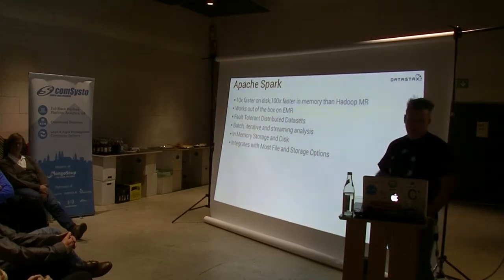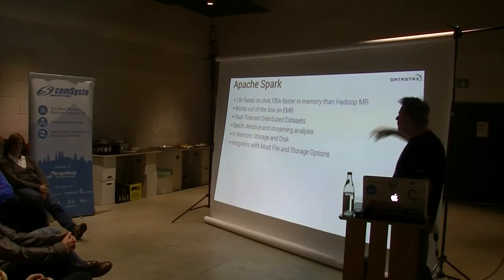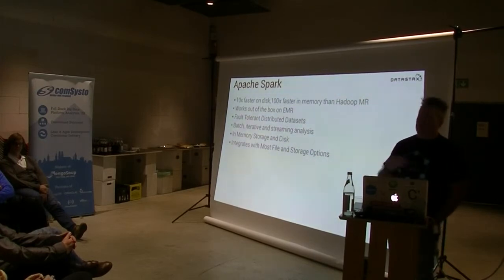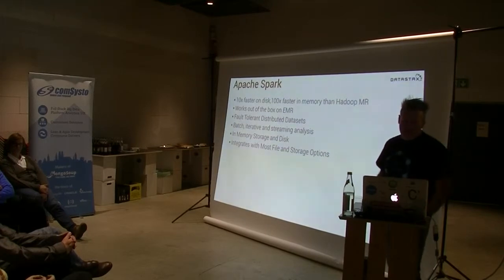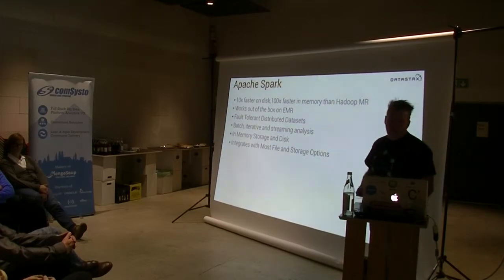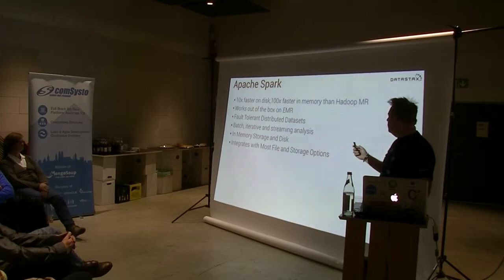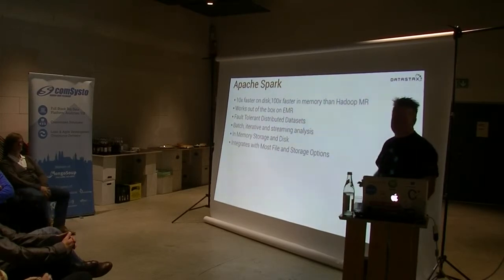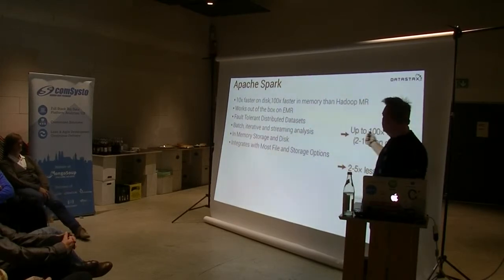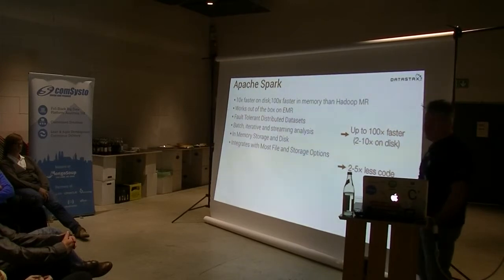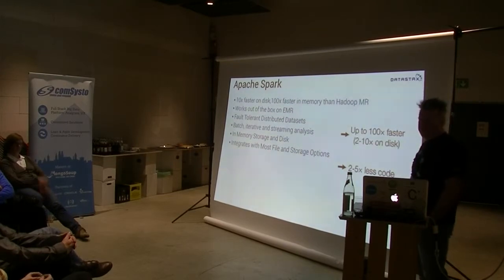So back to the fault tolerance, we want to have a system that's fault tolerant along with our infrastructure. So we do batch, we do streaming, and this is really what Spark is about, the next generation of things. And when you look at this faster, faster, faster, less code is another part of this. I don't know if you've ever written MapReduce code, but that can get ugly.